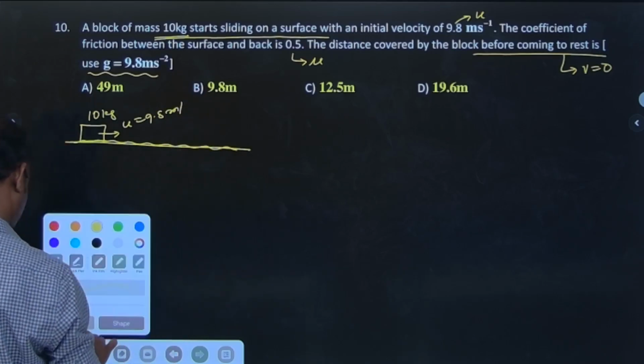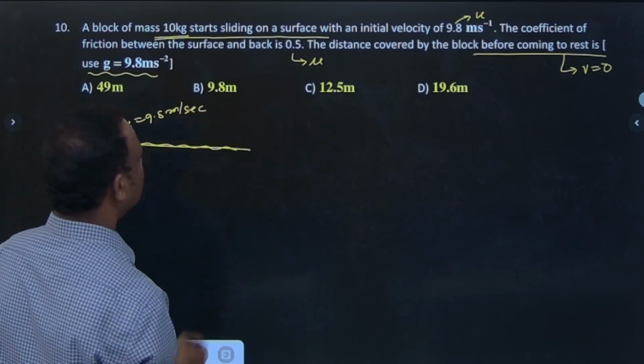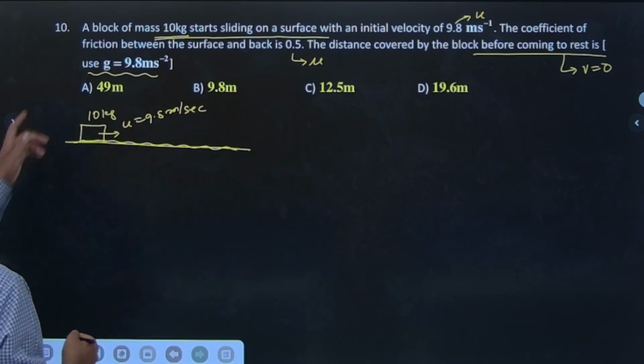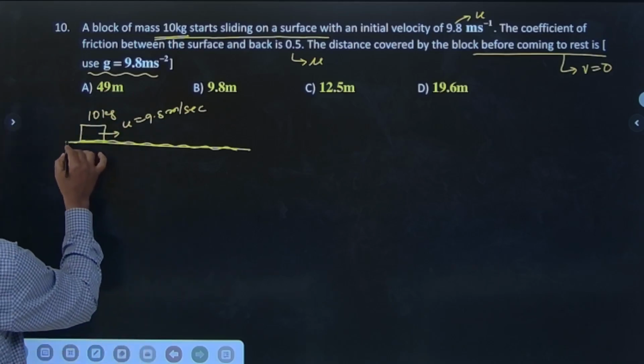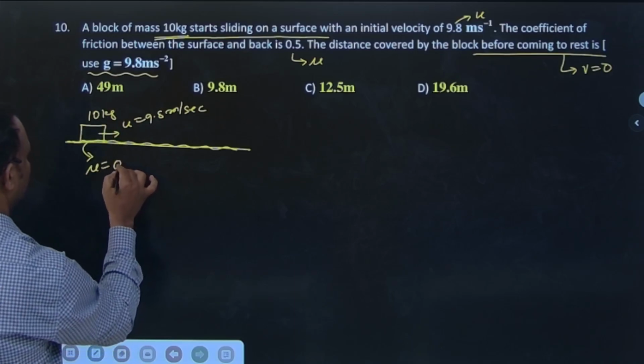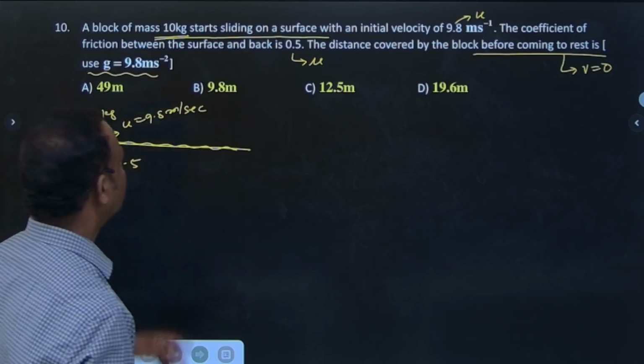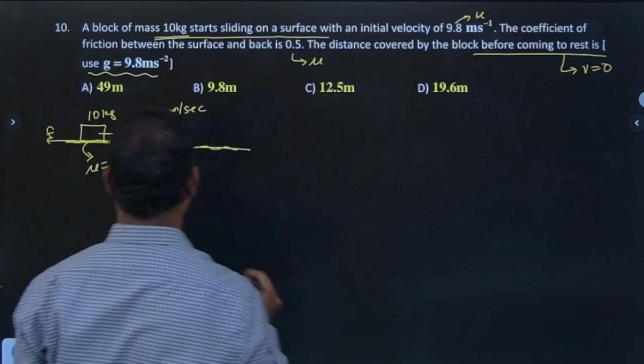The coefficient of friction between the surface and block is mu, and the mu value is 0.5. The frictional force is F. The distance covered by the block before coming to rest.